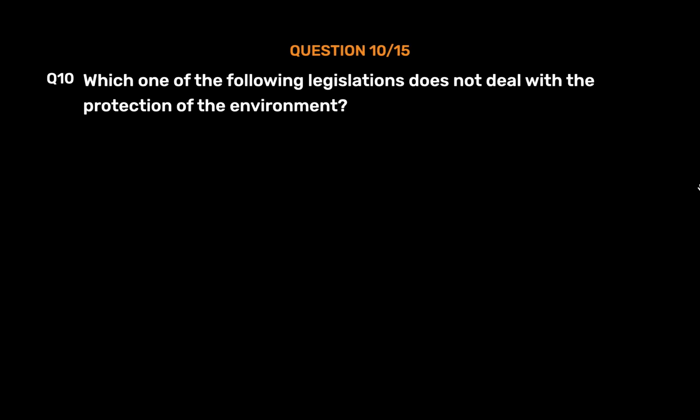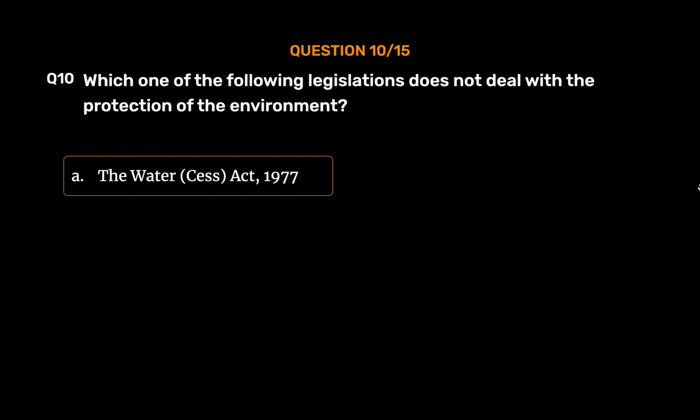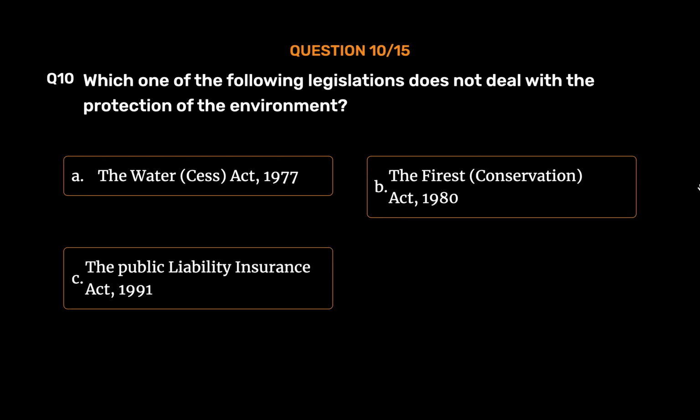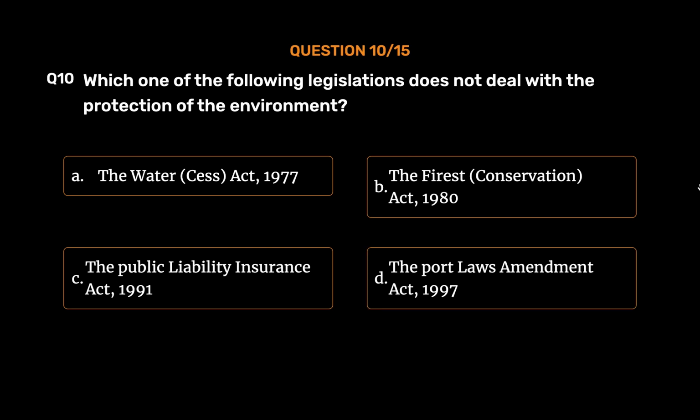Question number 10. Which one of the following legislations does not deal with the protection of the environment? Option A. The Water Cess Act, 1977. Option B. The Forest Conservation Act, 1980. Option C. The Public Liability Insurance Act, 1991. Option D. The Ports Laws Amendment Act, 1997.